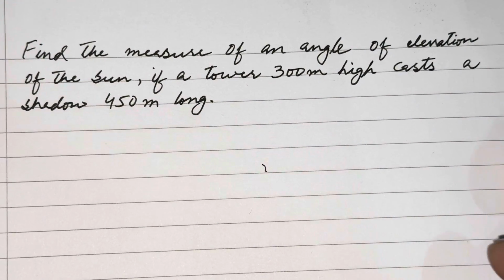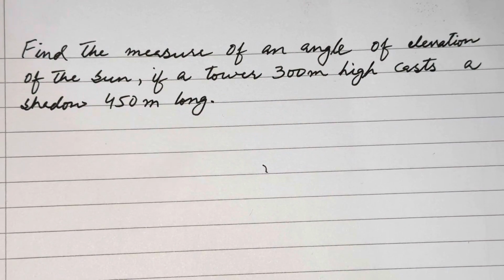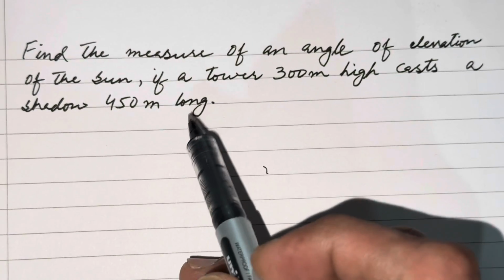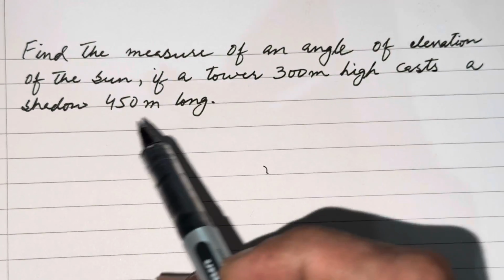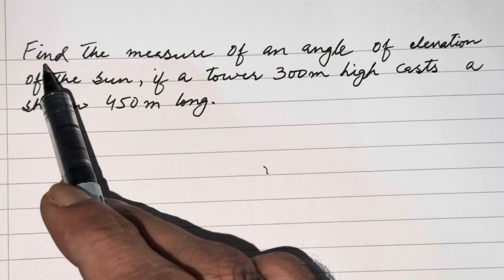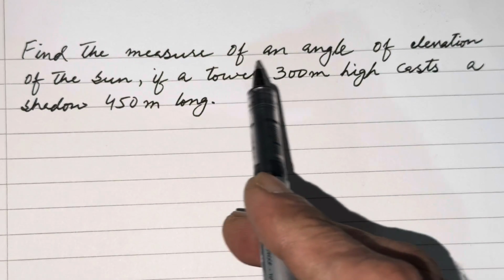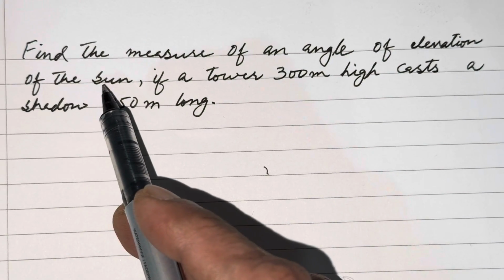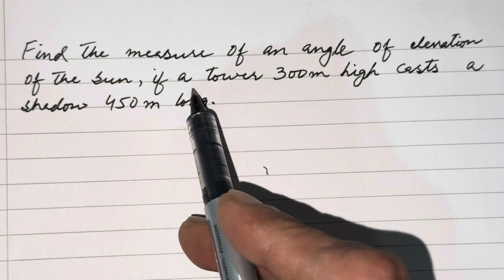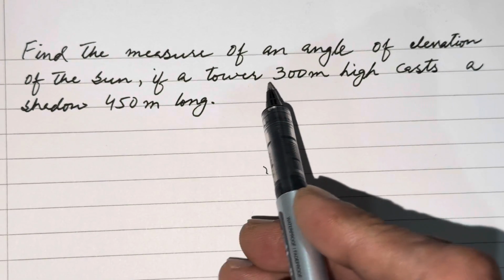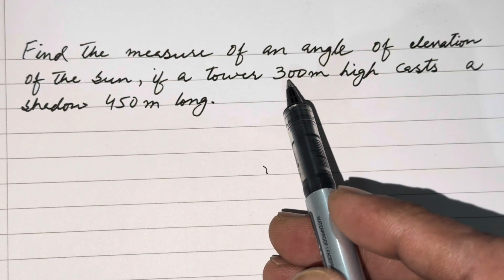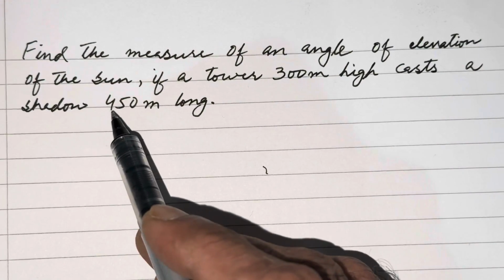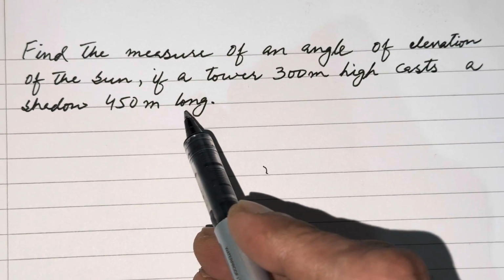So in our today's video we are going to solve this kind of question. The statement is given in front of you: we have to find the measure of an angle of elevation of the sun if a tower 300 meters high casts a shadow of 450 meters long.